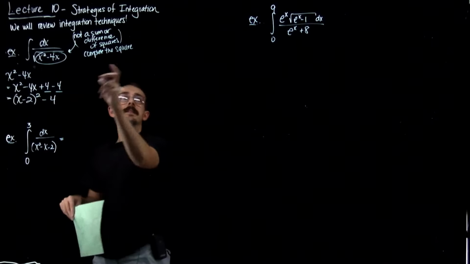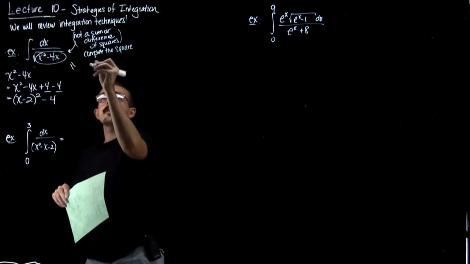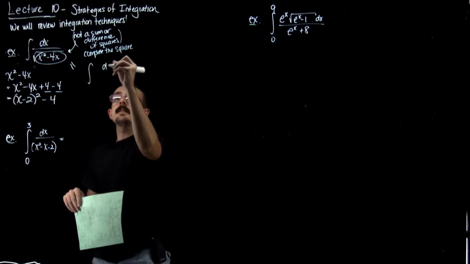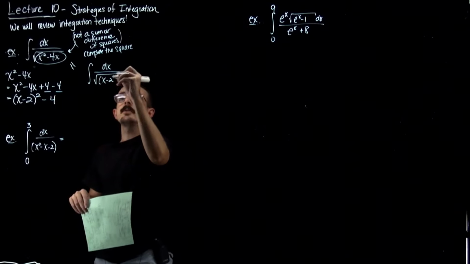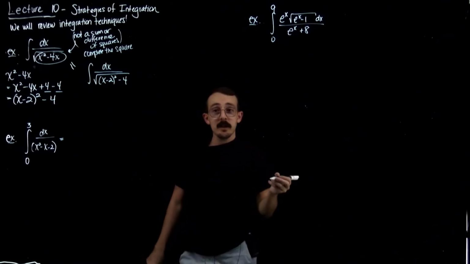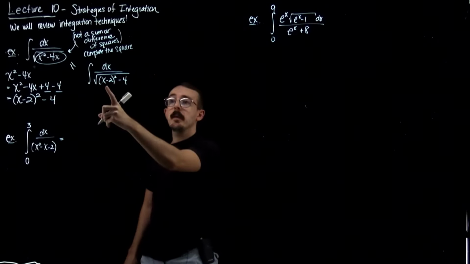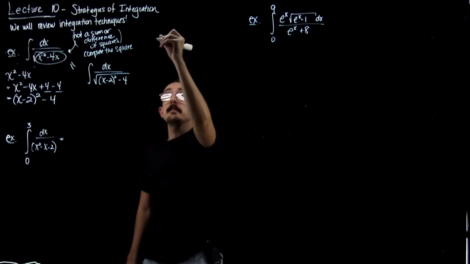So this is what's going to get plugged into my integral. This is now going to be equal to, and I'll start writing it over here, dx, the integral of x minus 2 squared minus 4. And now I have to pick the appropriate substitution where I have a variable part minus the constant. And at this point, you should have these memorized.